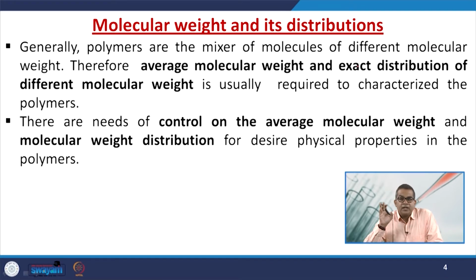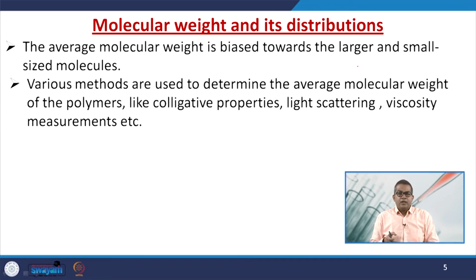So, as I discussed, there is a need to control the average molecular weight because of the processability, and because of the thermal, chemical and mechanical properties. So that's why we are always looking for the proper molecular weight distribution to achieve the desired physical properties in those polymers.